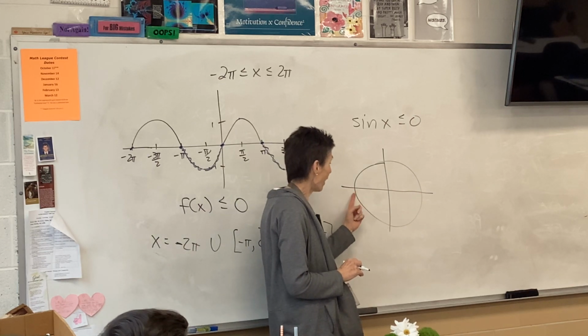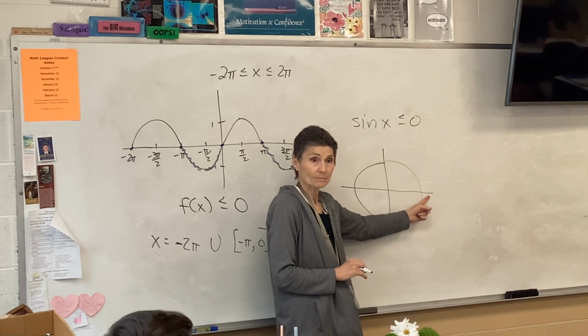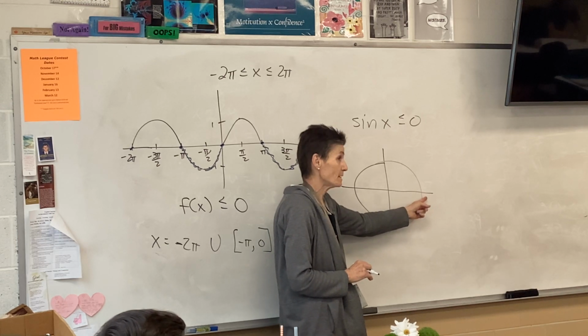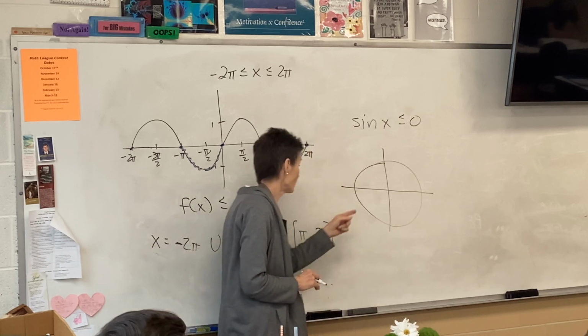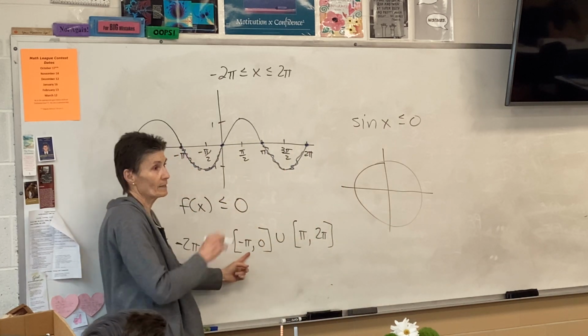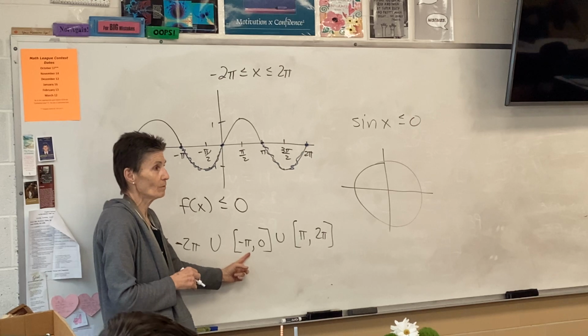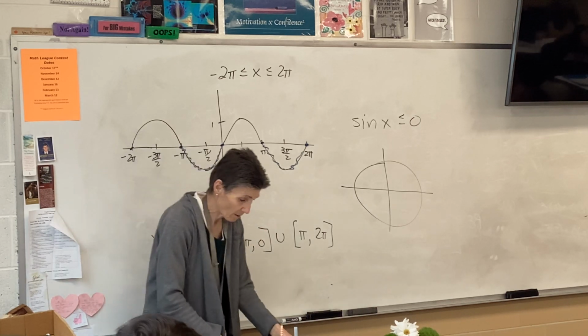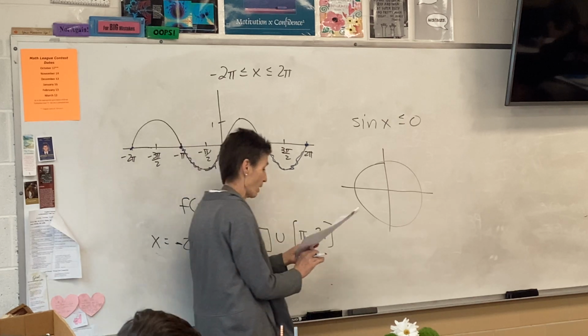Wouldn't that be pi to 2 pi? And if we're going negative, wouldn't it be 0 to negative pi, or negative pi to 0 when I wrote the interval? So you can actually use the unit circle, and that's what he has you do on the next one.